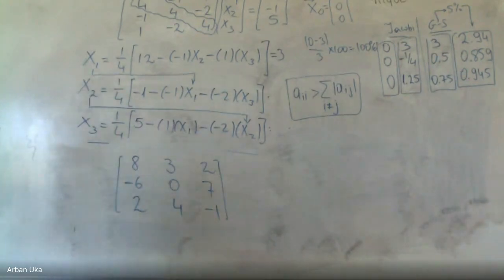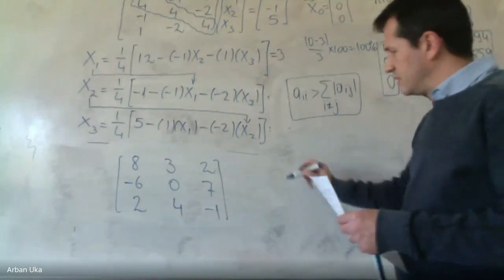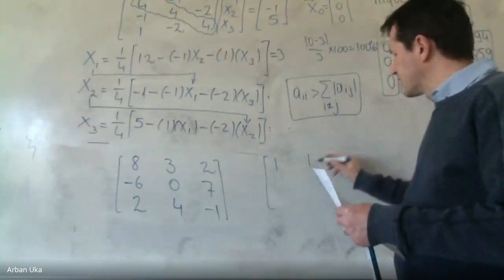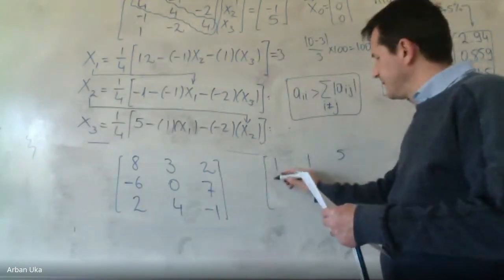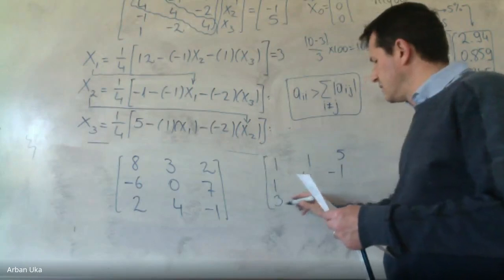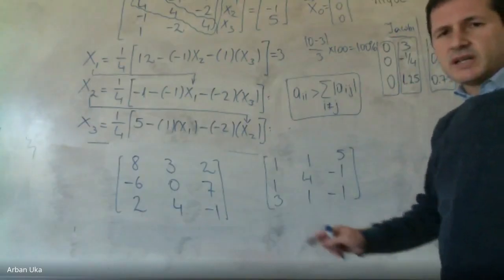You can answer this by looking at whether this is diagonally dominant. And also we have this other matrix 1, 1, 5, 1, 4, minus 1, 3, 1, minus 1. So any answer?